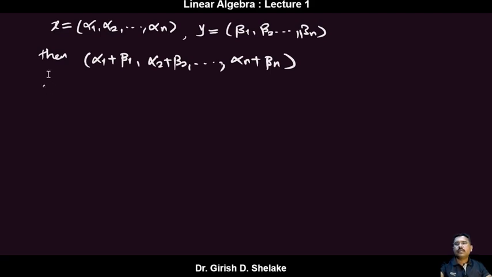Similarly, if lambda is a scalar, or say a real number or a constant, then lambda alpha 1, lambda alpha 2, and so on, lambda alpha n is also one of the solutions of the system of equations.